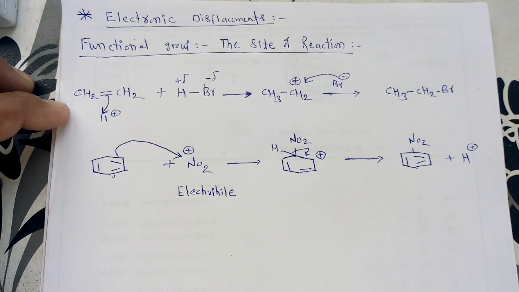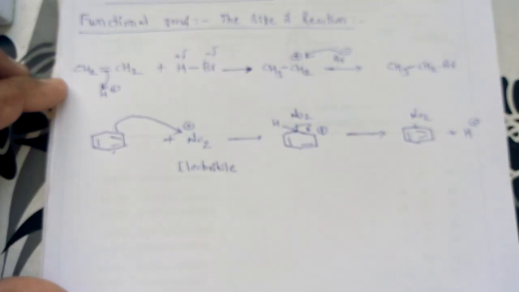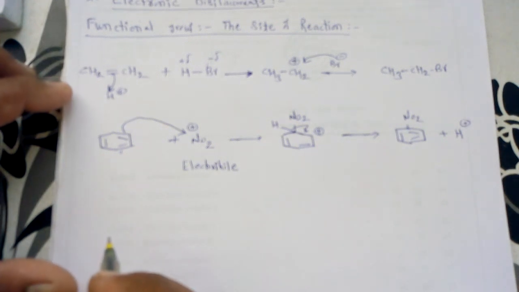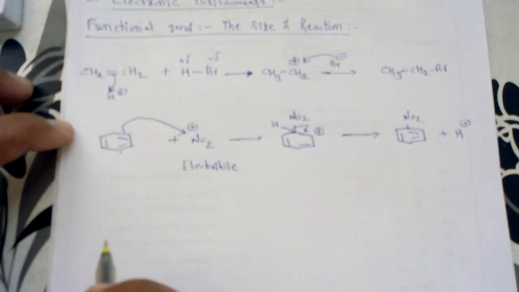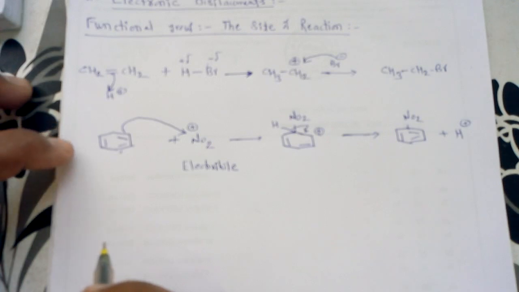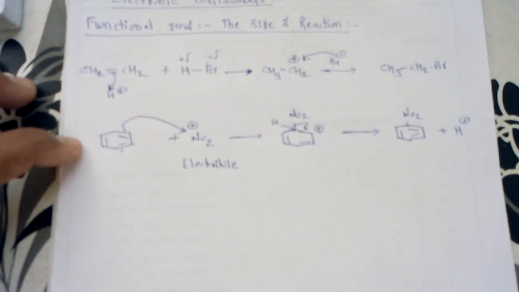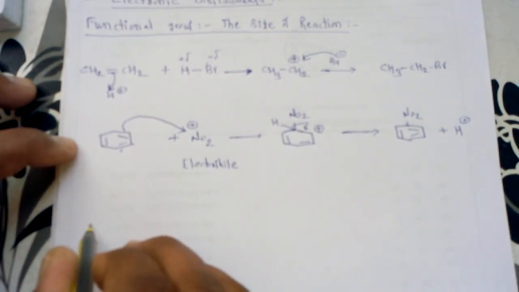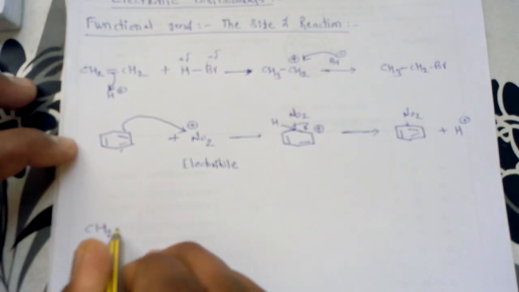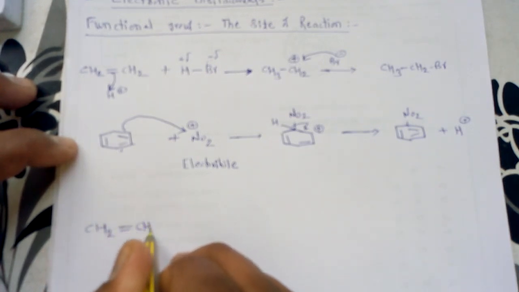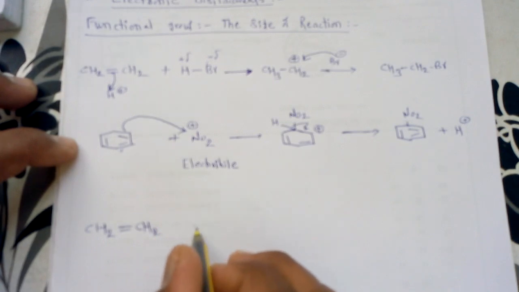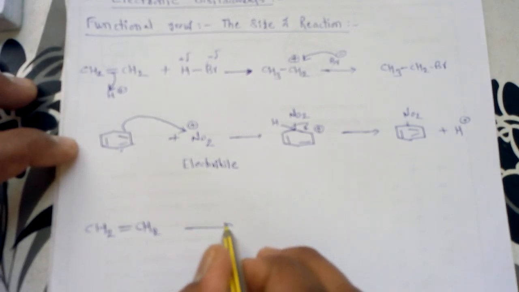Now, when we consider these functional groups, suppose we take similar molecules of the same functional group. Suppose I take the first simple molecule as CH2 double bond CH2, that is ethylene.